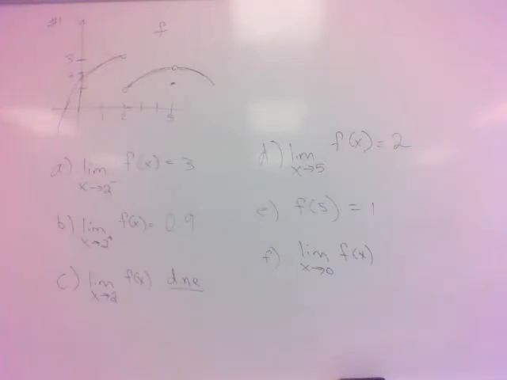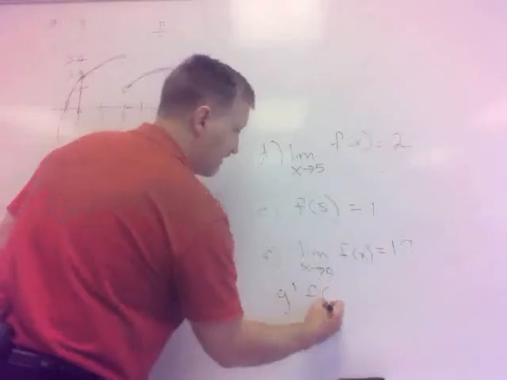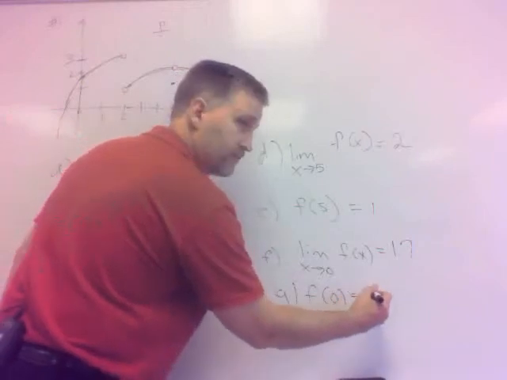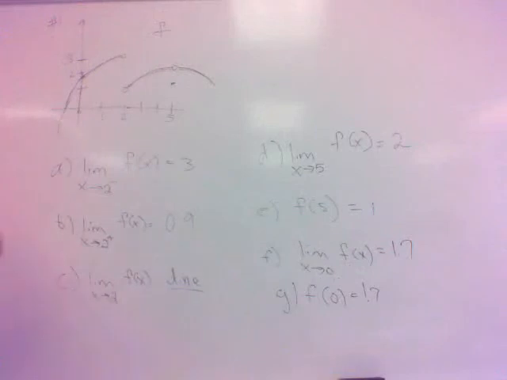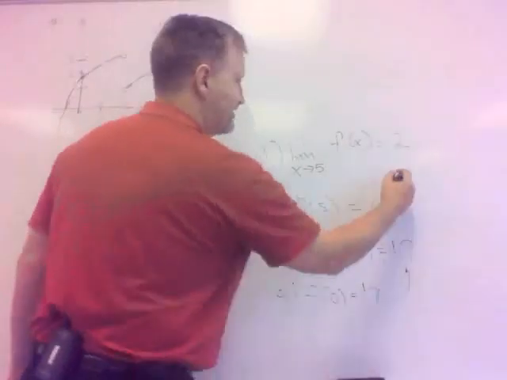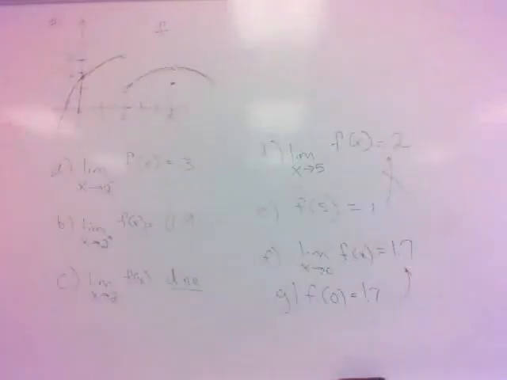Well, as x approaches 0, we're coming in right here, aren't we? So the function's coming in here. That looks to be about, what'd you say, 1.7? Sounds good to me. About 1.7. Now we might note that f of 0 is also 1.7. So in that case, the two match. See what I'm saying? These didn't match, but in that case it does, and like I said, we'll say more about that later.